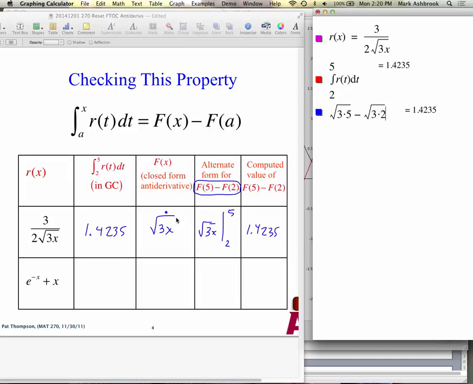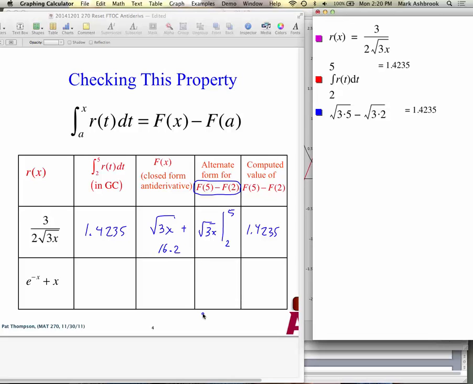Okay, is this the only antiderivative of this rate function? Give me another one. How can I get a different one that's valid? Add any constant. Add anything. So make it good. Add what? 16.2.